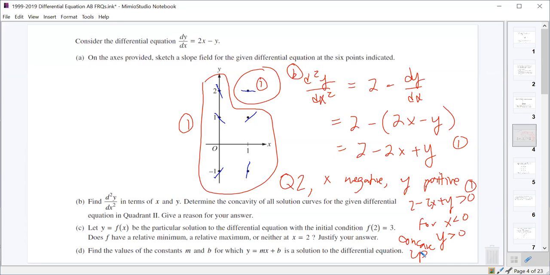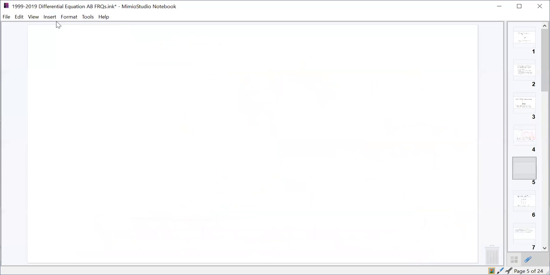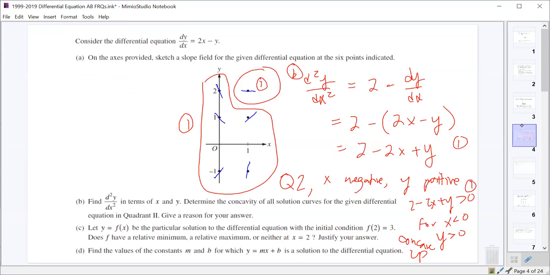Okay. So in order to figure that out, we're looking for what dy dx equals at x equals 2. And x equals 2 means y equals 3, because that's what was told to us right here. f of 2 is equal to 3.